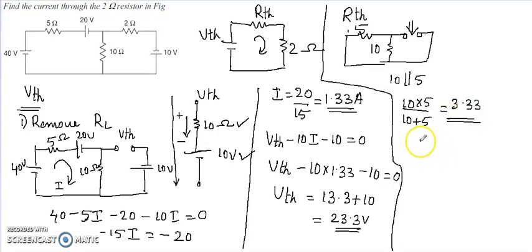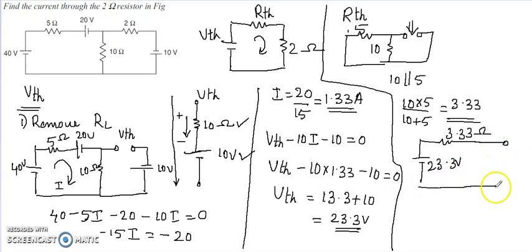So next we can draw the Thevenin equivalent circuit. This is 23.3 volt and it is 3.33 ohm resistor. So now we have got the Thevenin equivalent across the 2 terminals. Now we can replace the load resistor, that is 2 ohm, and find the current through 2 ohm.